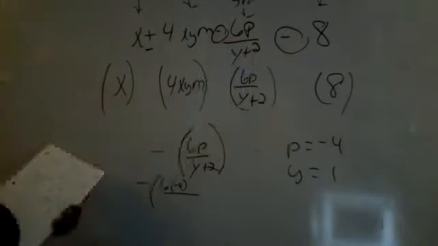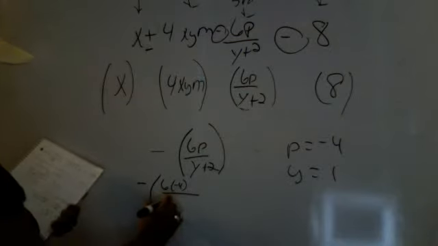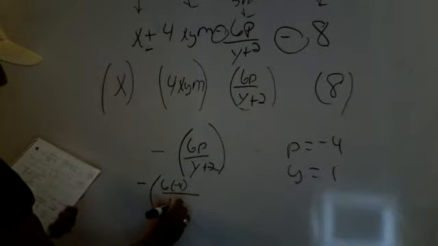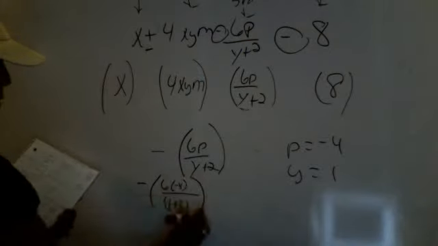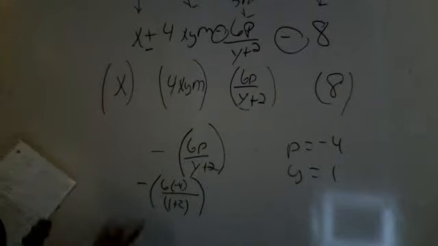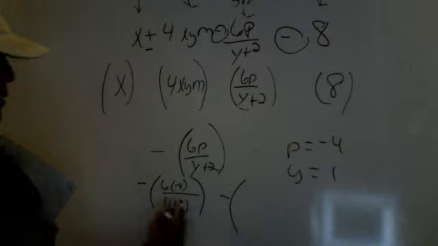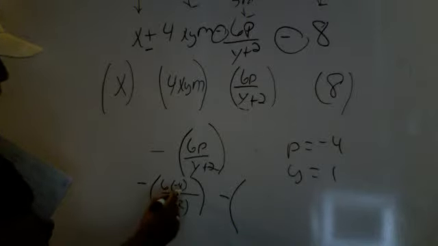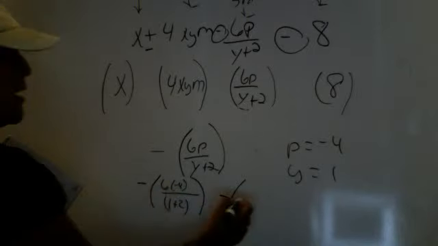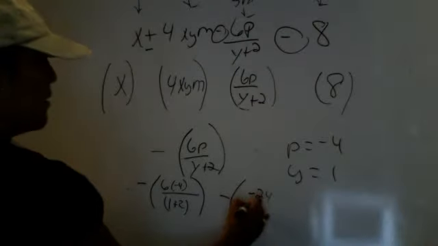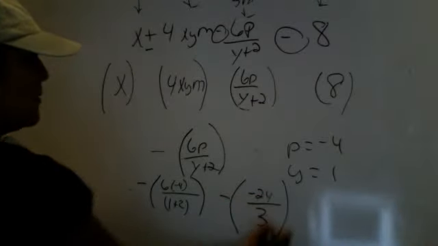Over 1 plus 2. We still have this negative right here. This means multiplication, 6 times, this means times when you have parentheses. Times a -4 is a -24 over 3.